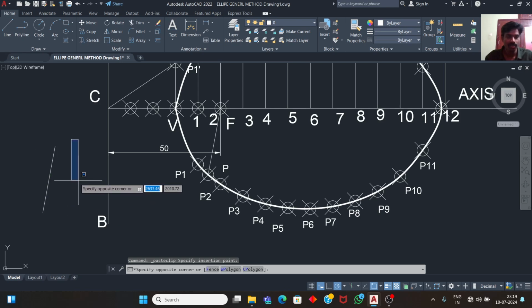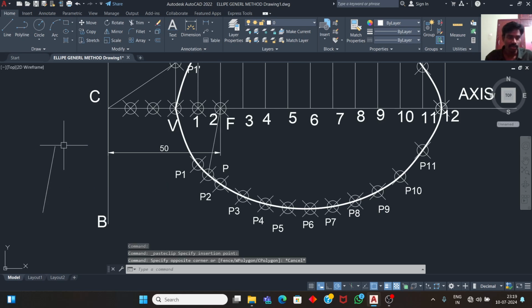Paste it somewhere, and we need to rotate this line by 90 degrees. How to rotate? By using the rotate command in the Modify toolbar.